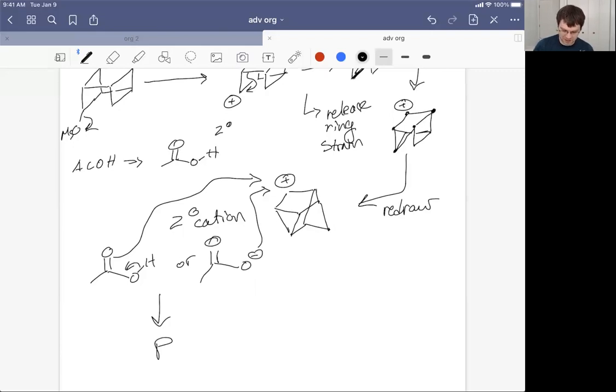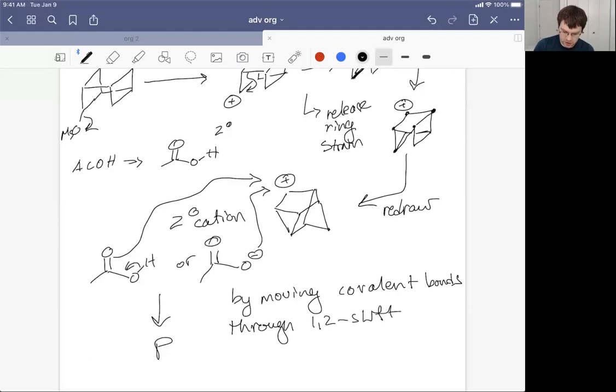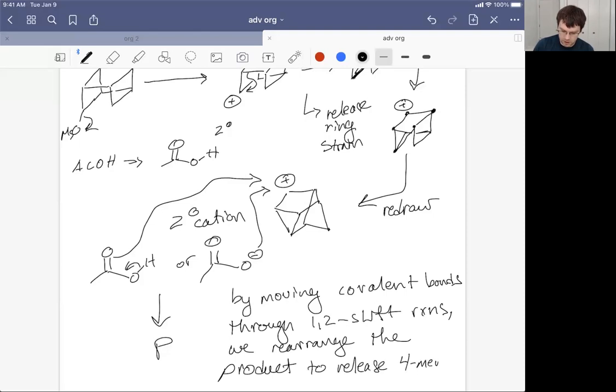So the takeaway of this is by moving covalent bonds through 1,2 shift reactions, we rearrange the product to release four-membered ring strain.